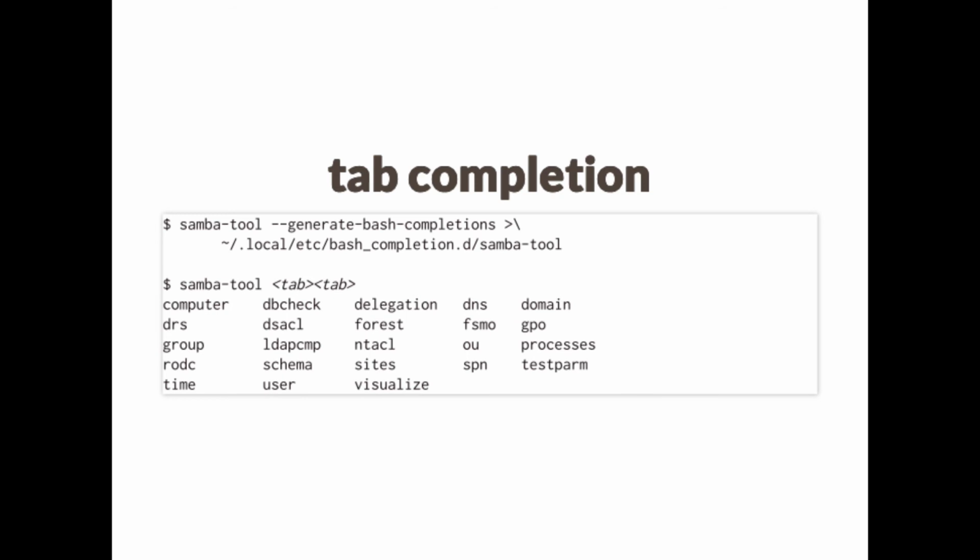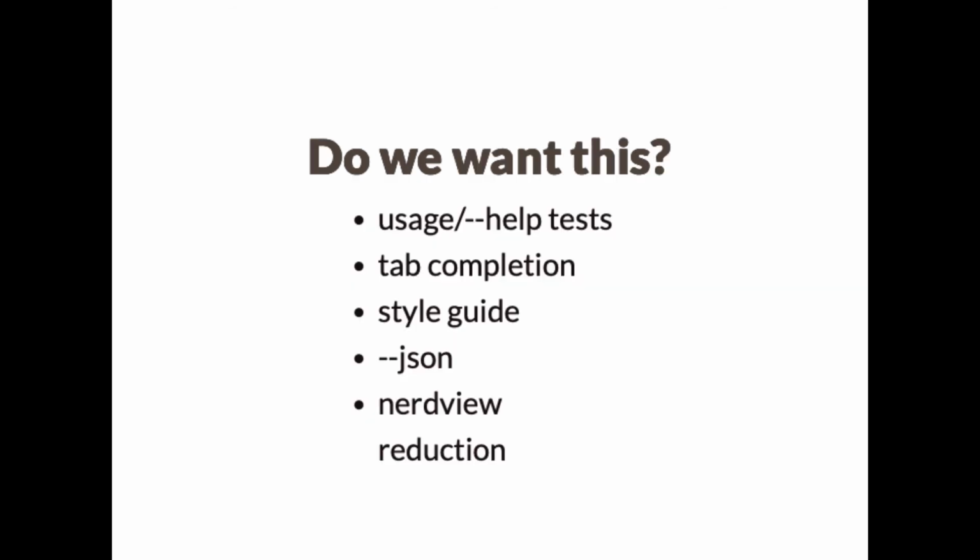I mean, this is something we could do that might help people. So I really only have a question: do we want the usage in the help tests and the tab completions, or the style guide, or the --json, or do we want the Nerdview reduction? I mean, can we possibly do that? And that's really the end of my talk, I think. So, do we want that?